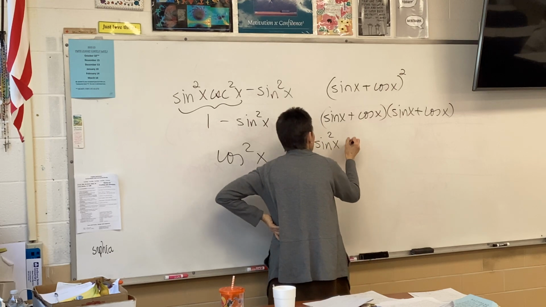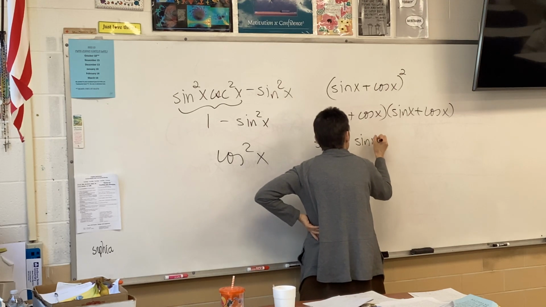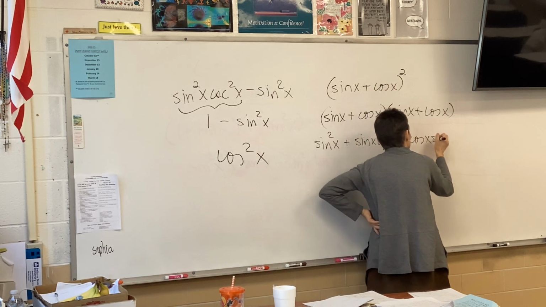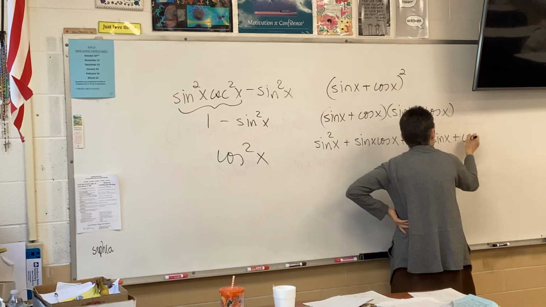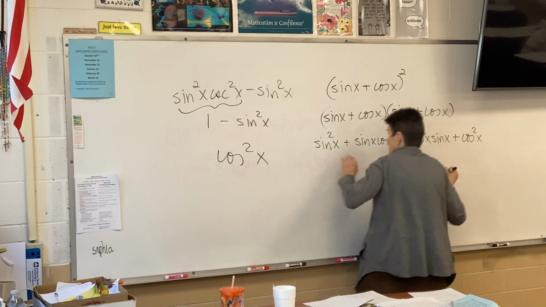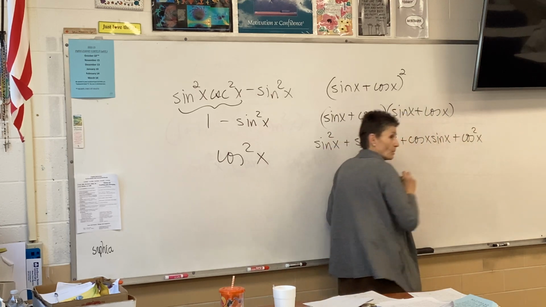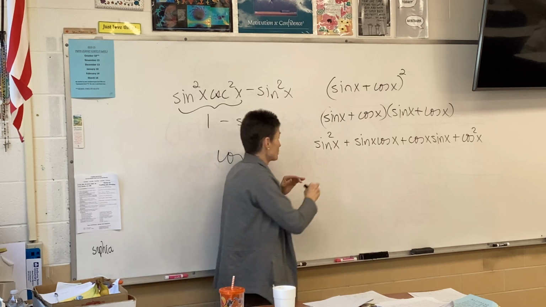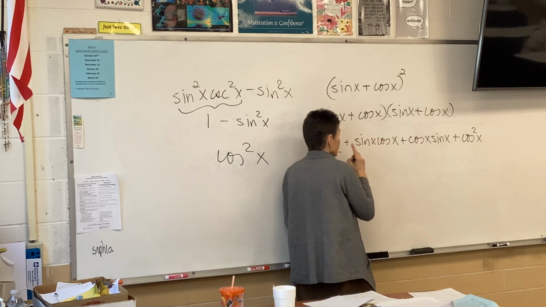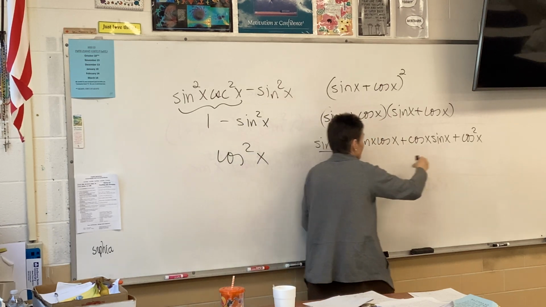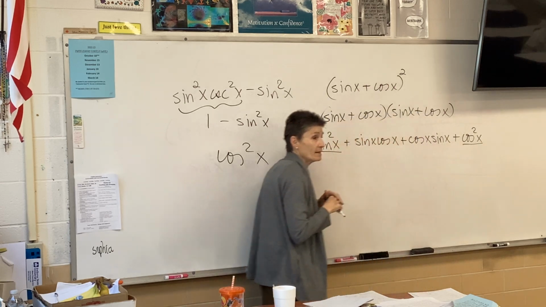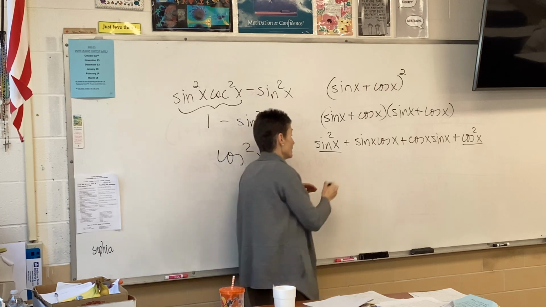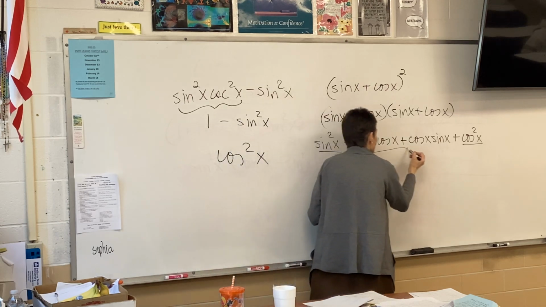When you foiled, though, did you get a sine squared on one end and a cosine squared on the other end? So after I foil, and they're squares, these make a 1. And what do you notice about these two?